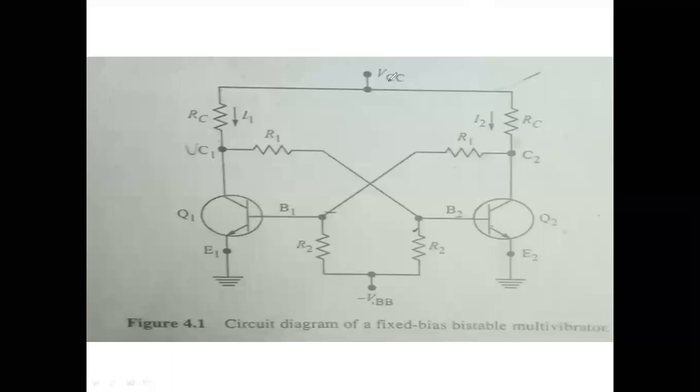They had given VCC as 10 volts, VBB as -2 volts, RC as 820 ohms, R1 as 4.7 kilo ohms, and R2 as 6.8 kilo ohms.